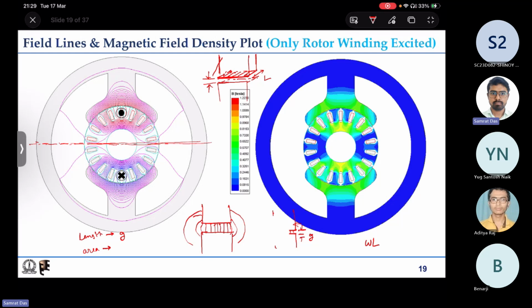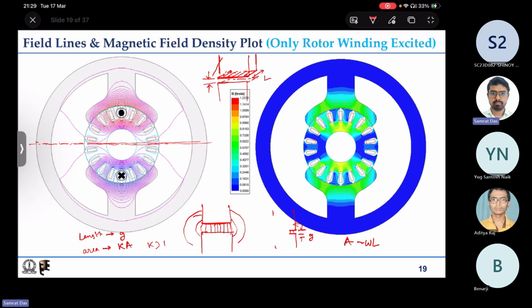If this area is a, say w into l, then we may approximate it to be some k into a, where k is greater than 1. So how to calculate this k? There are different empirical expressions available. So it is an approximation. You have to understand that.